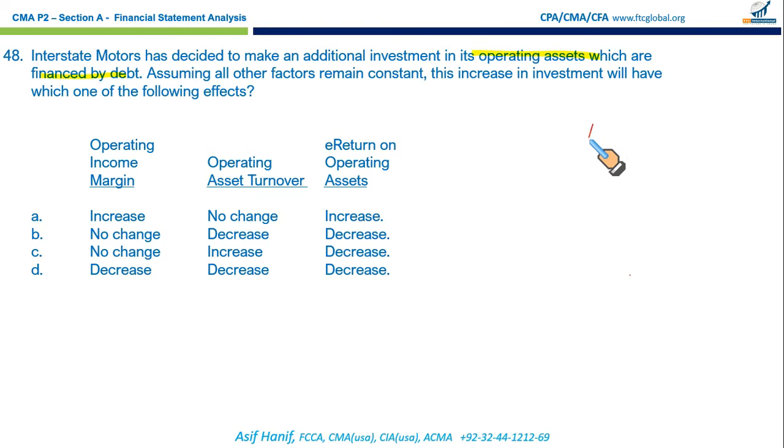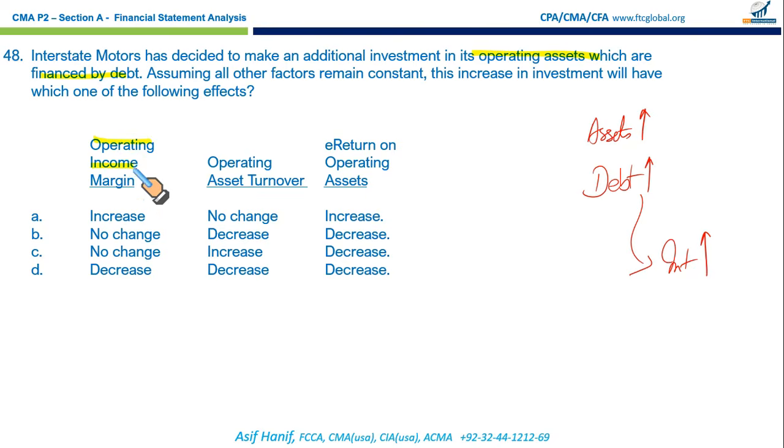What we get from this information is that your assets are increasing. You are purchasing an operating asset, but this asset is being acquired through debt. That means debt is increasing. And if debt increases, that clearly means interest increases. You pay interest on debt. Assuming all other factors remain constant, this increase in investment will have which of the following effects?